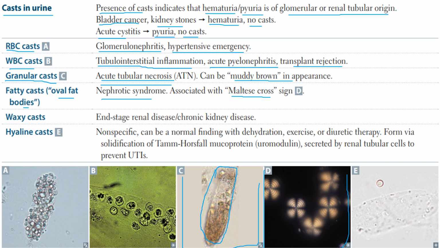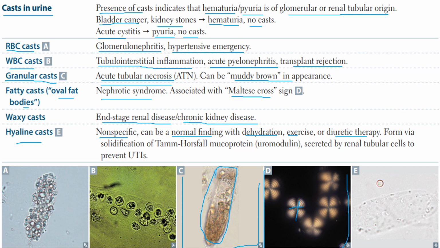As you can see, it looks like a cross sign, especially a Maltese cross sign. Waxy casts indicate end-stage renal disease or chronic kidney disease. Hyaline casts are non-specific and can be a normal finding with dehydration, exercise, or diuretic therapy.